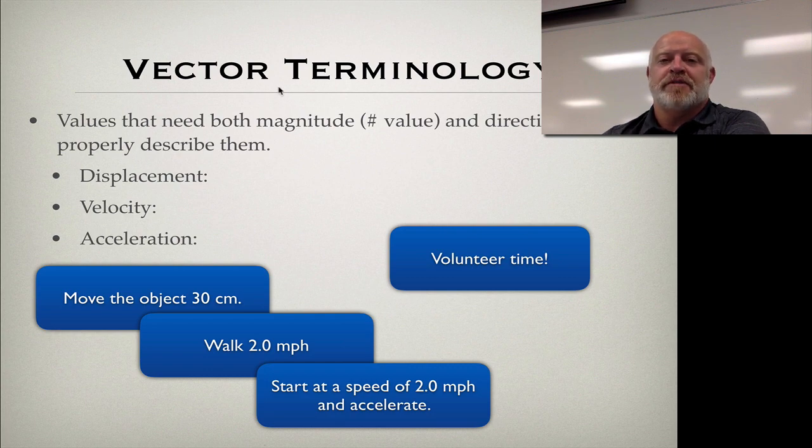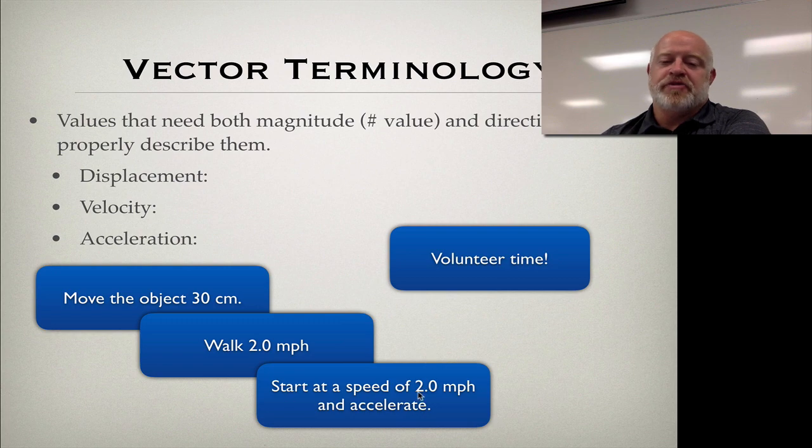You may have seen that in your math classes, where you're looking at a direction. So walk 2 miles per hour east, walk 2 miles per hour towards the door, walk 2 miles per hour back to the lab. Giving a direction is what we need for vector terminology, and that's what gives it the difference. So the direction piece is a new part relating back to the idea of being a vector.